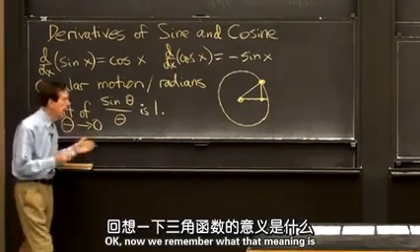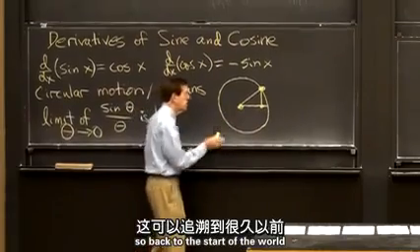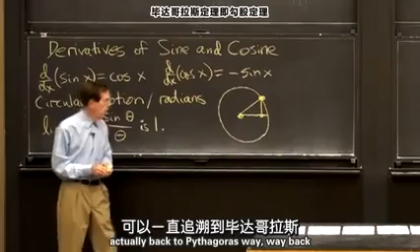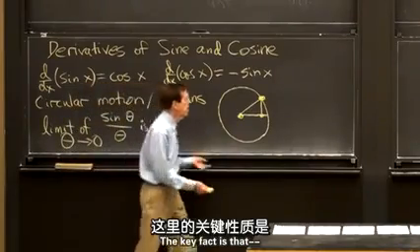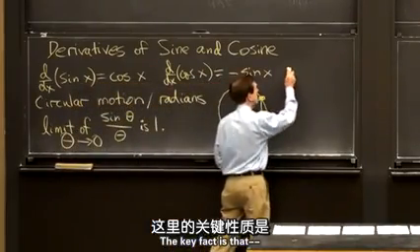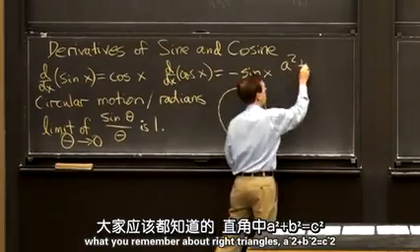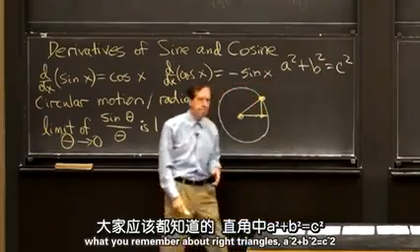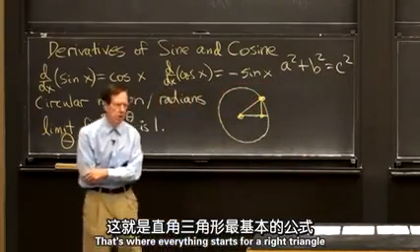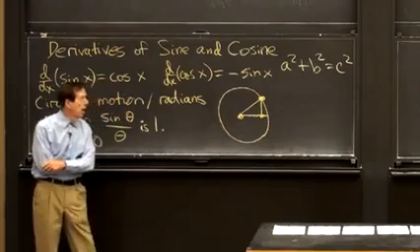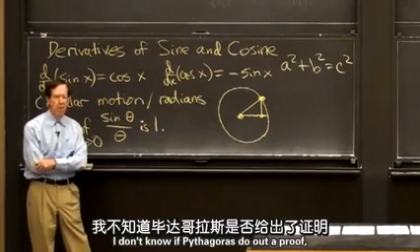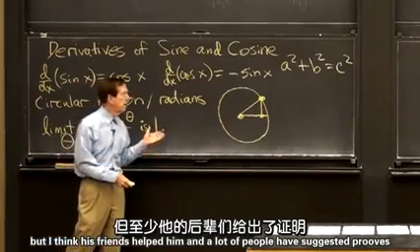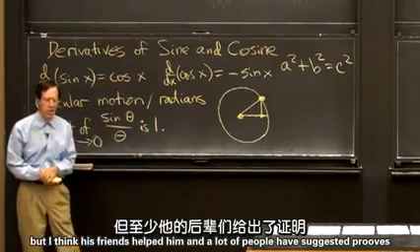Okay, now remember what that meaning is. So back to the start of the world, actually back to Pythagoras, way, way back. The key fact is what you remember about right triangles, a squared plus b squared equals c squared. That's where everything starts for a right triangle. I don't know if Pythagoras knew how to prove it. I think his friends helped him. And a lot of people have suggested proofs.